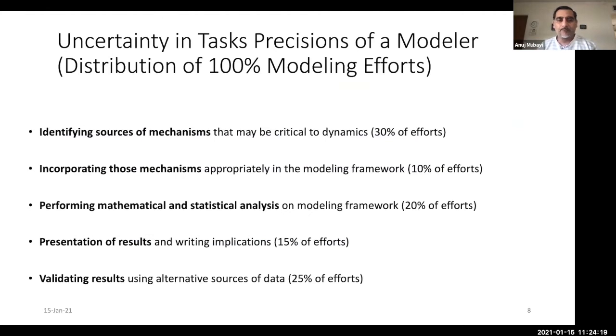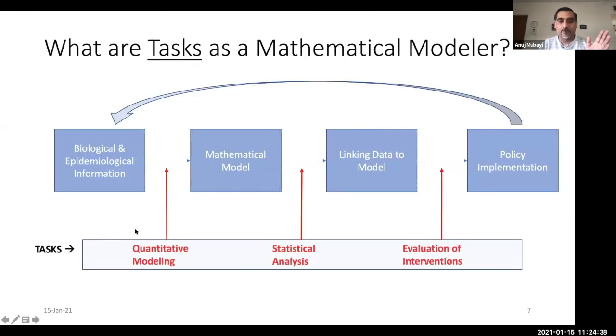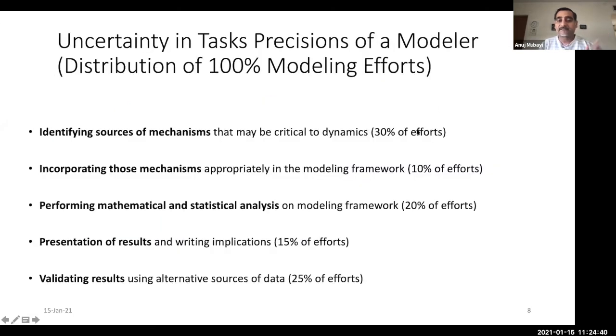Now, we put different efforts. Suppose we have one day to do our project, then we put 30% of the effort in the first part, in identifying how to write down the equations from real life. The first part is quantitative modeling, and that takes 30 to 40% of the time.